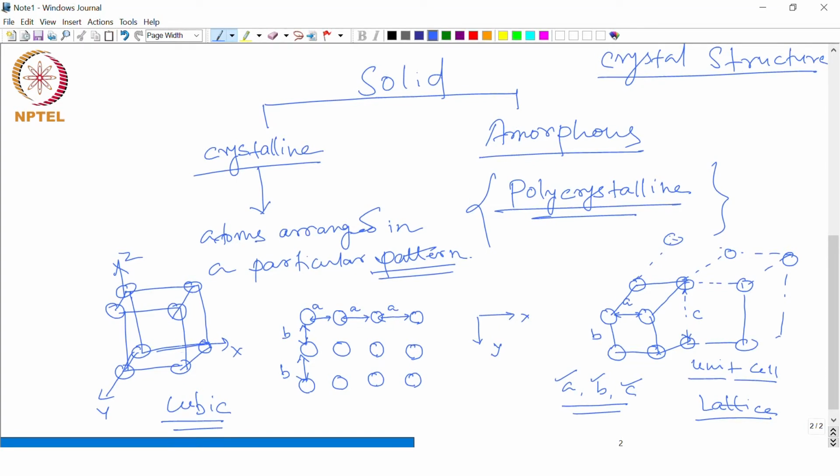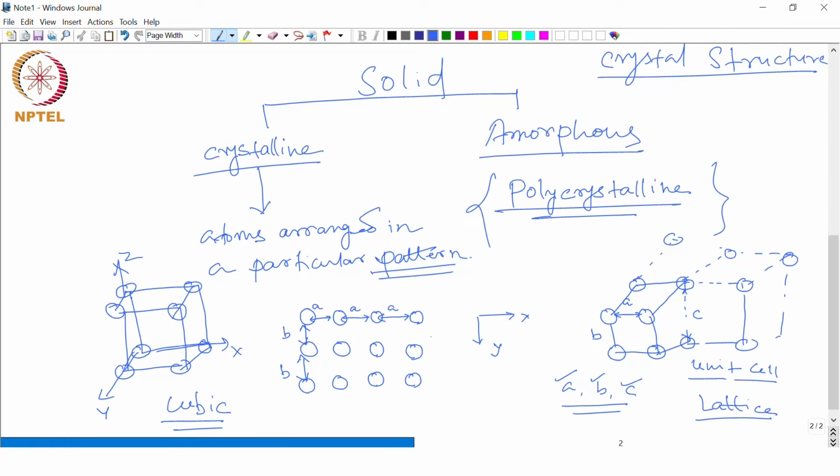And for a polycrystalline solid to form from the liquid phase, these atoms have to be sorted out in that particular arrangement when this solid crystal is growing from the liquid. Okay.